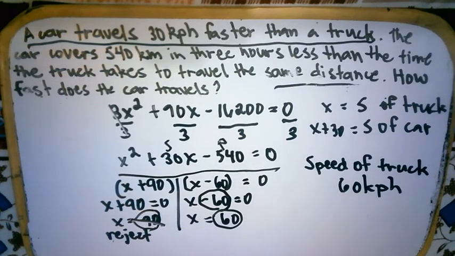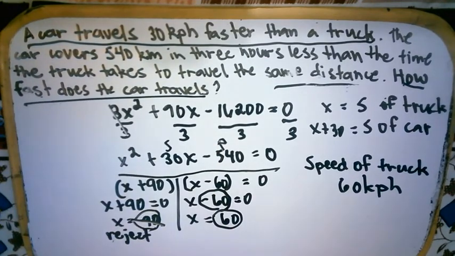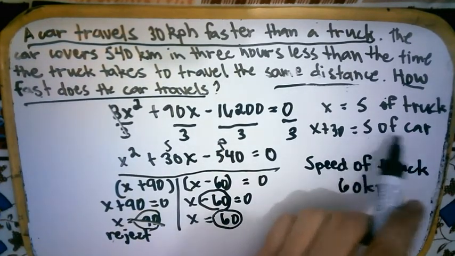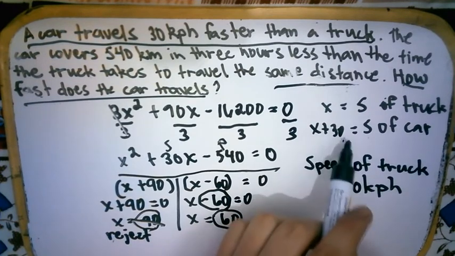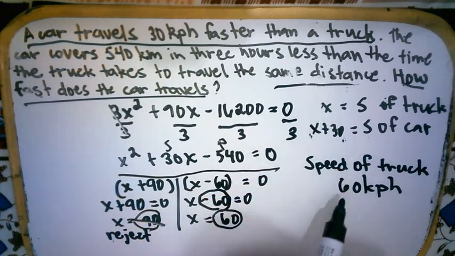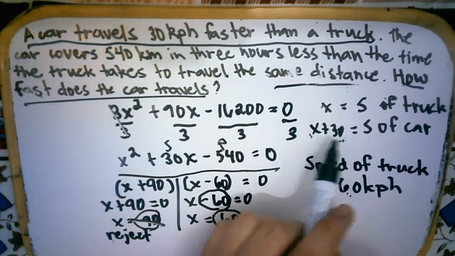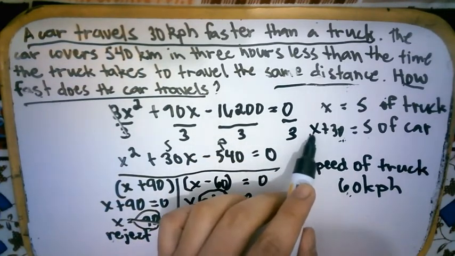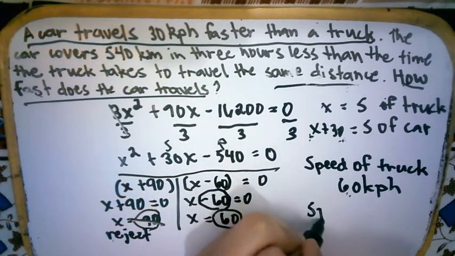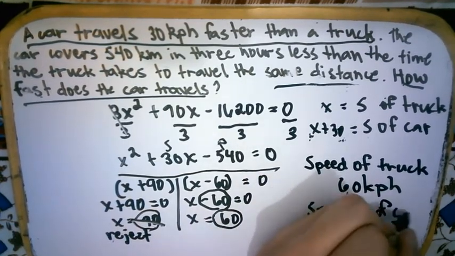Ngayon, ang tanong kasi sa ating problem ay how fast does the car travel? Since we have here the speed of a car represented as x plus 30 and we know that the value of x is 60, we're just going to add 30 to our 60. So, para mas malinaw po, isusulat natin. Speed of car.